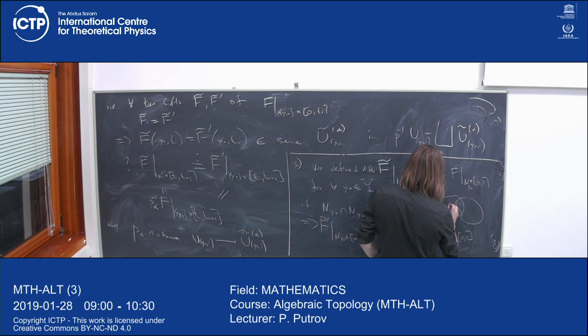Let's say some points y0, y0 prime, this was neighborhood ny0, this was neighborhood ny0 prime.